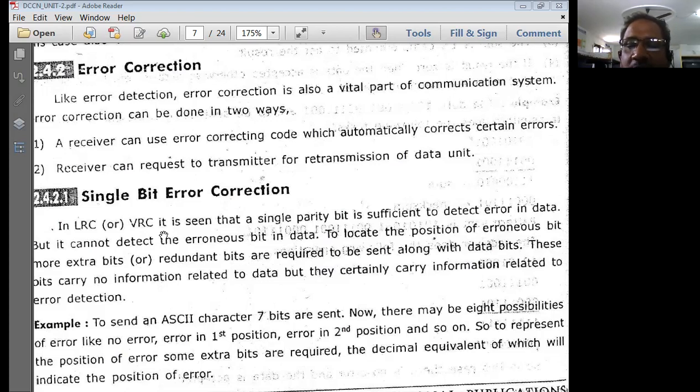If the receiver is able to correct the errors which take place in the medium, then a lot of time is going to get saved, and the bandwidth of the shared resource is also going to be utilized very well. Therefore error correction is normally used to improve the throughput of the shared medium.